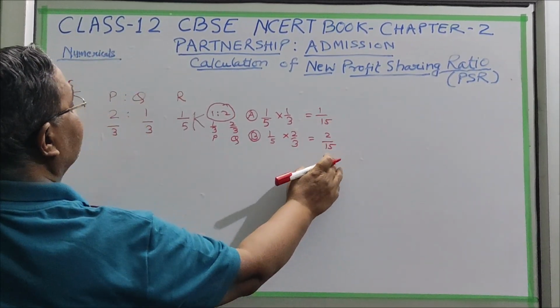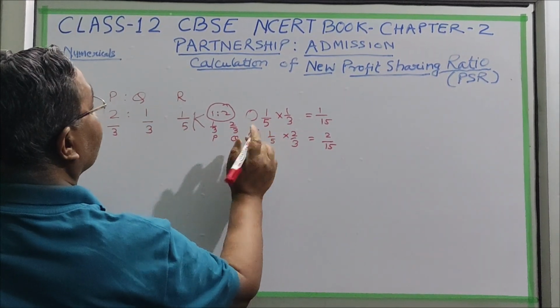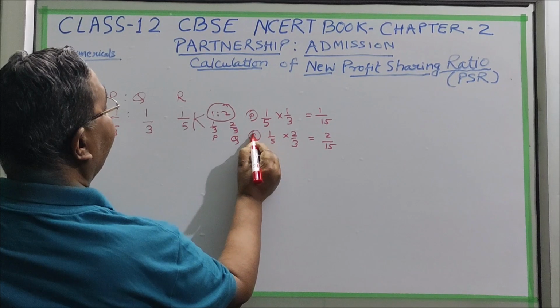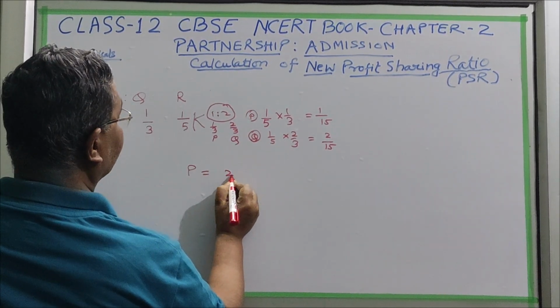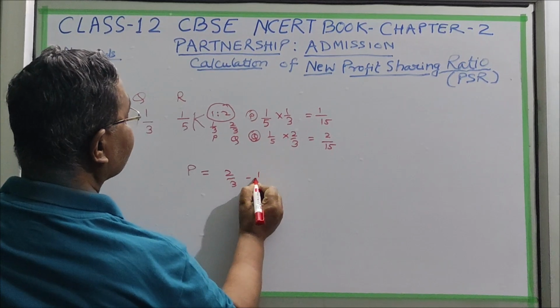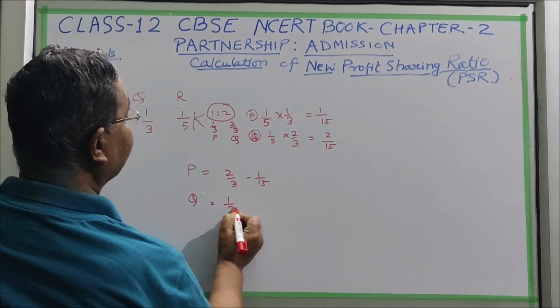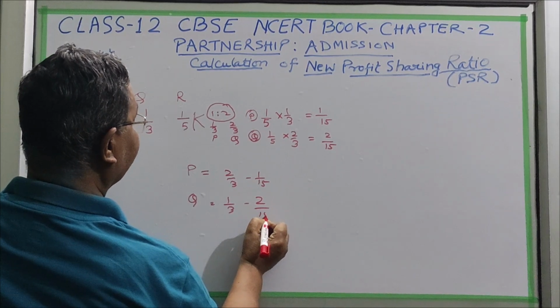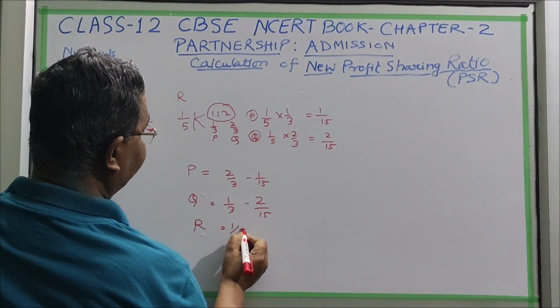Now this will be reduced from the share of P and Q. So P's new share will be 2 upon 3 minus 1 by 15, and Q's share will be 1 upon 3 minus 2 by 15, and R's share will be 1 by 5.